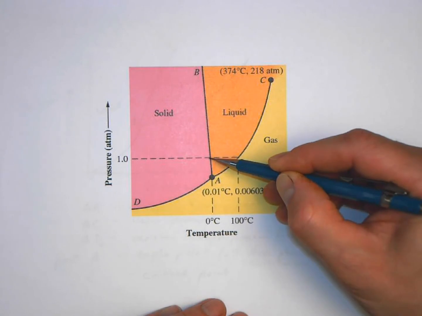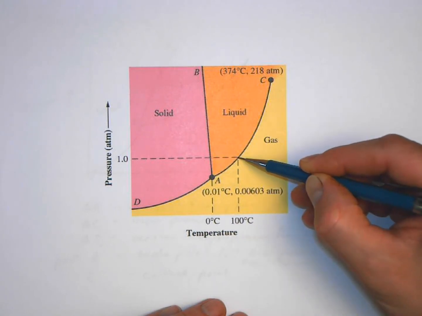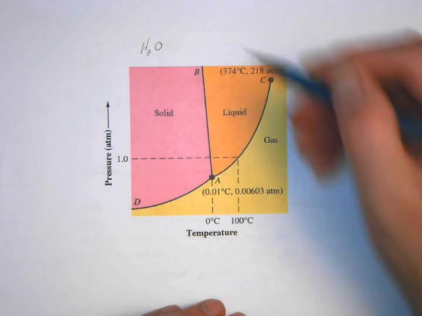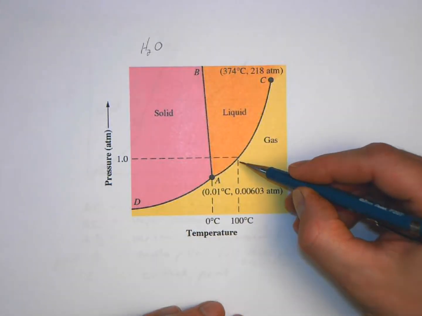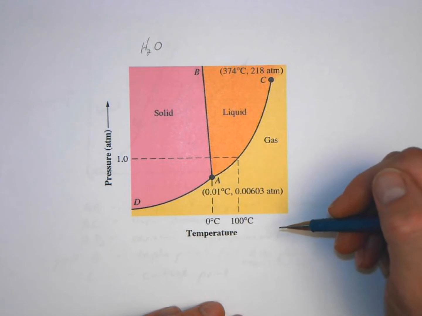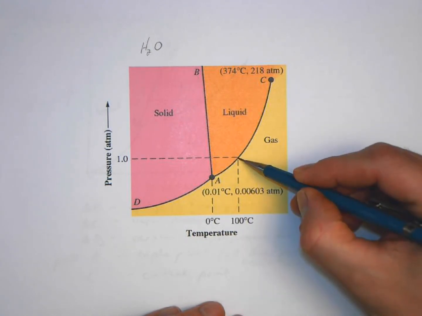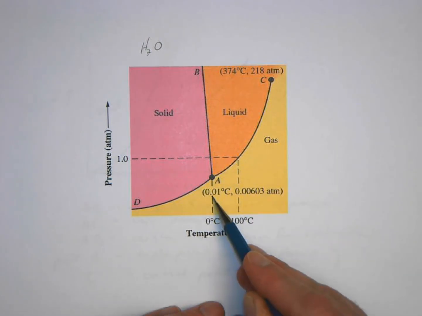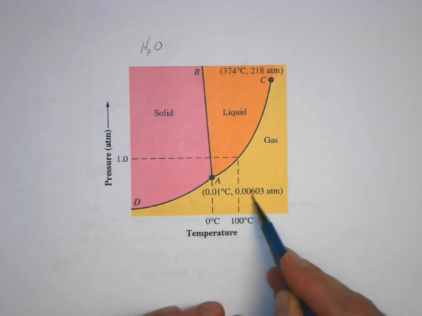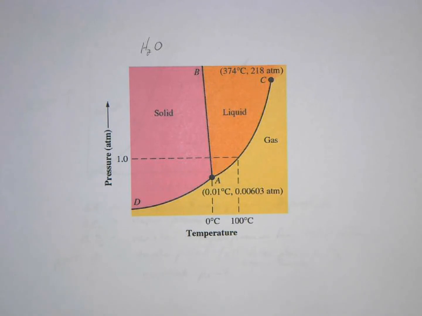At 1 atmosphere of pressure, if we raise the temperature another 100 degrees, water starts to boil. It becomes a gas, excuse me. The triple point is given right here for water. So if you were at 0.01 degrees Celsius and 0.006 atmospheres of pressure, you would have all three phases, solid, liquid, and gas, in equilibrium for water.